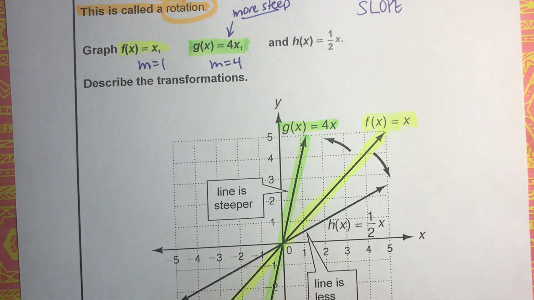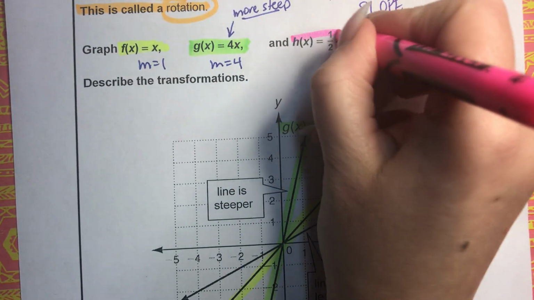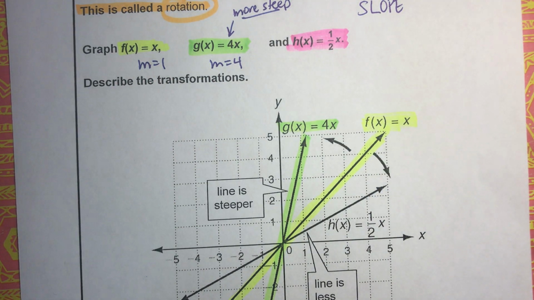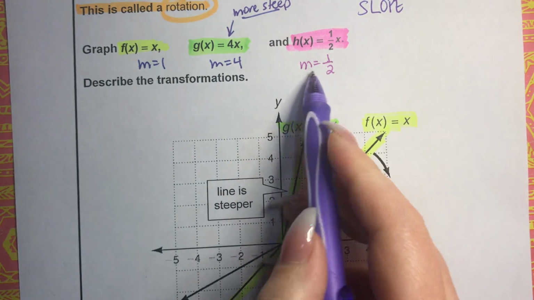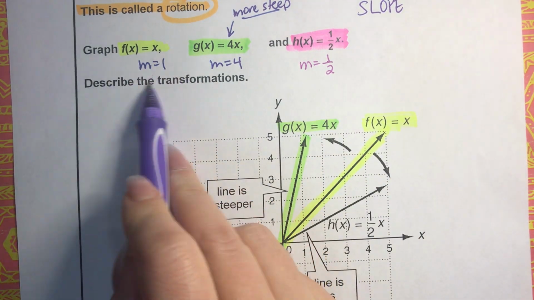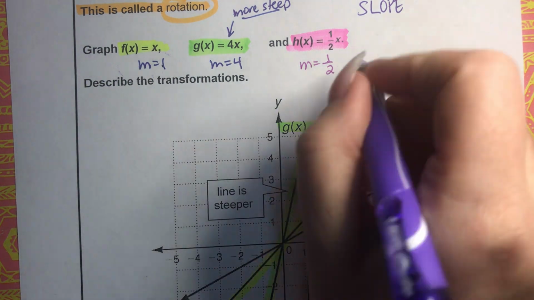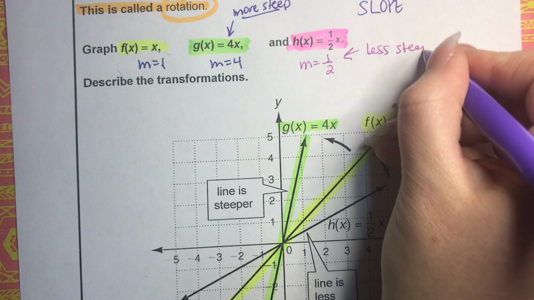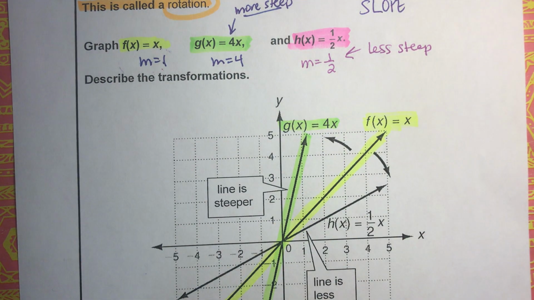Okay, now let's look at this next one, h of x, which is 1/2 x. Now what's the slope here? Well, the slope here is m equals 1/2. If we compare that to the parent function, 1/2 is less than 1. So this one should be less steep. So whenever the slope gets smaller, it's going to be less steep.